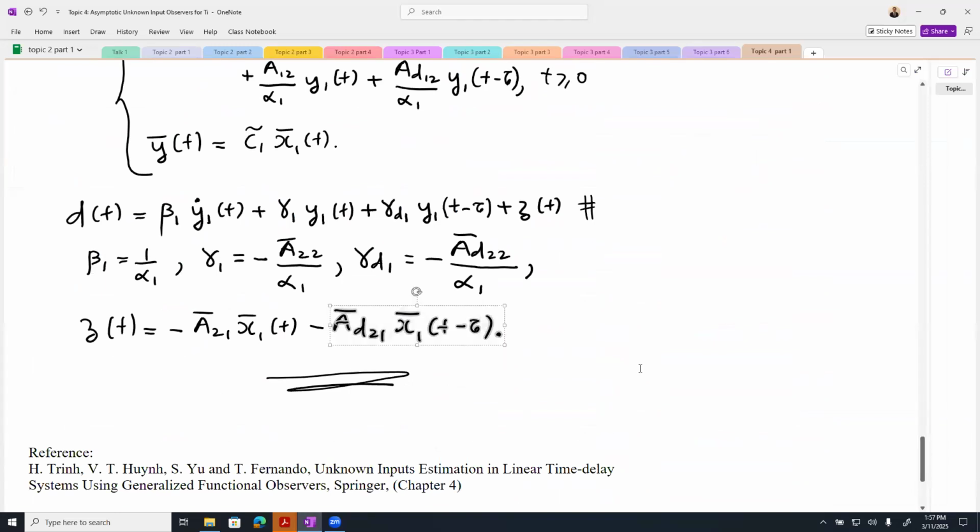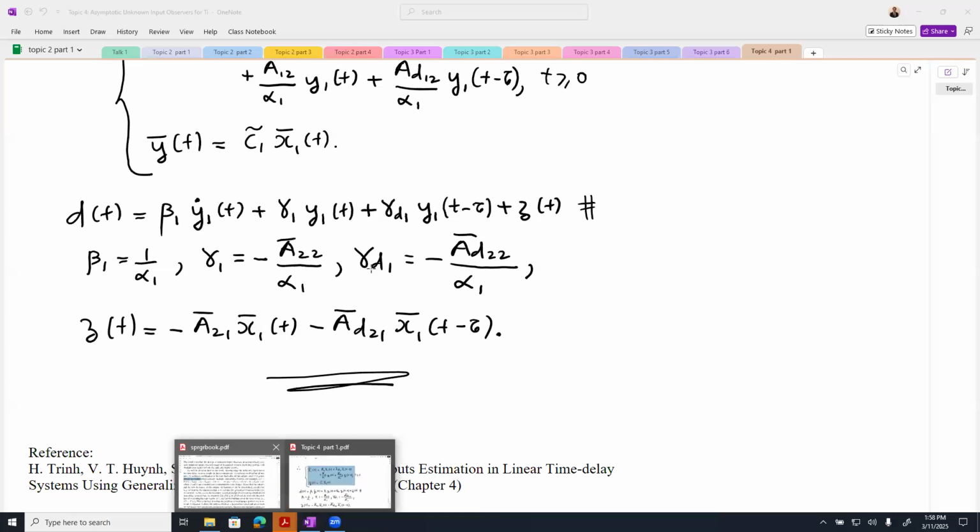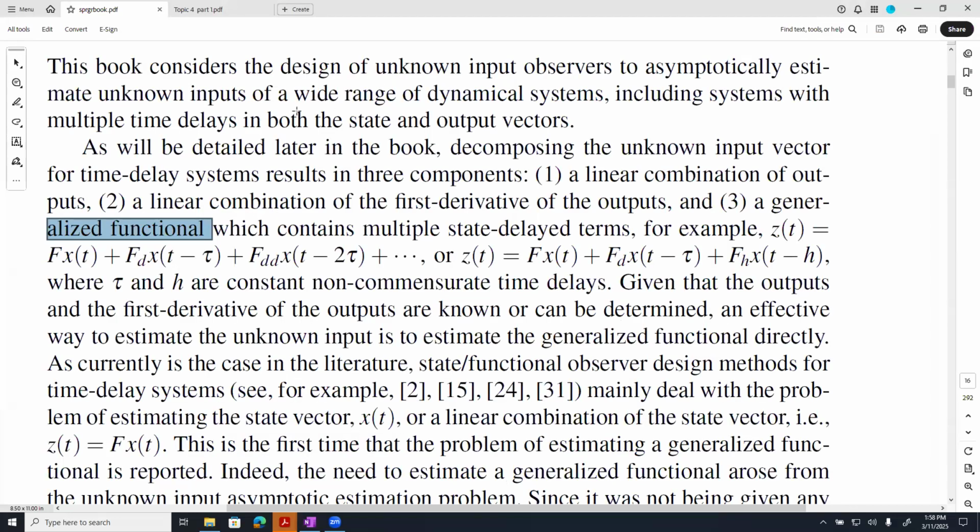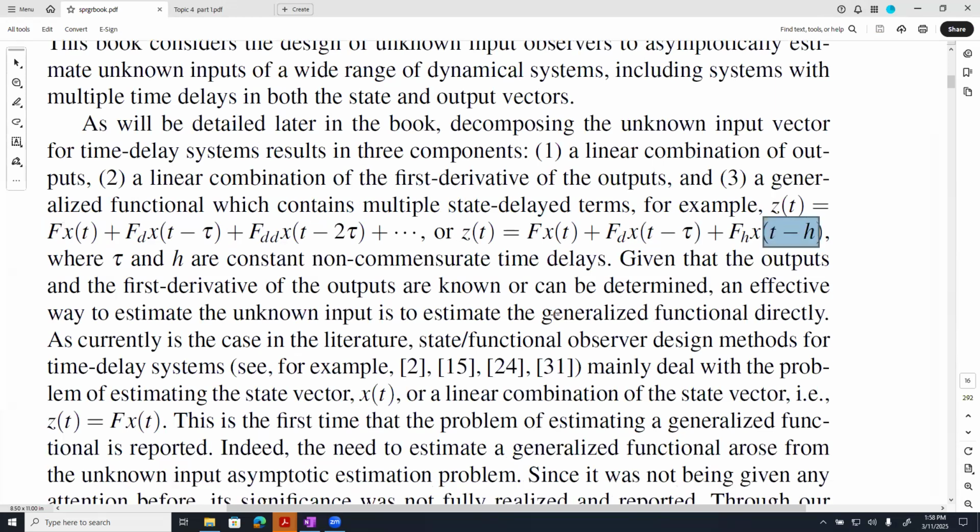Now bear in mind that when we have multiple delays, then this generalized functional will be like a sum of multiple stack delay terms. We could have it just like what we just went through, as a combination of x of t and x of t minus tau, or we could have more, or we could have a combination of two non-commensurate delays and so on.